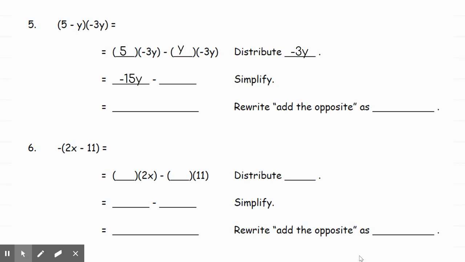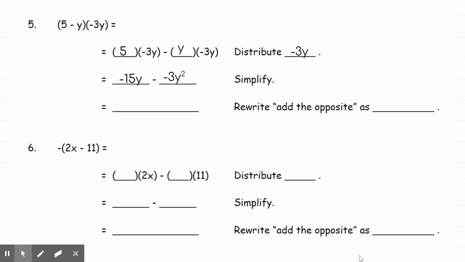And y times -3y, again, you have the same variable, and when you multiply the same variable together, it gets an exponent depending on how many of that variable there is. So there are two y's there, so it becomes -3y to the second power. Okay. And again, we need to rewrite this.